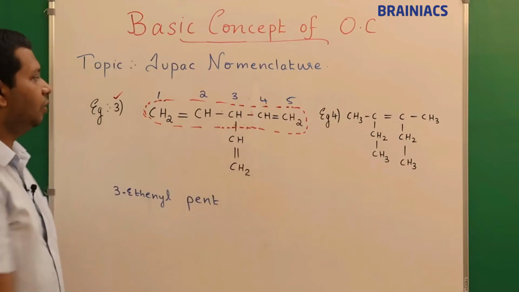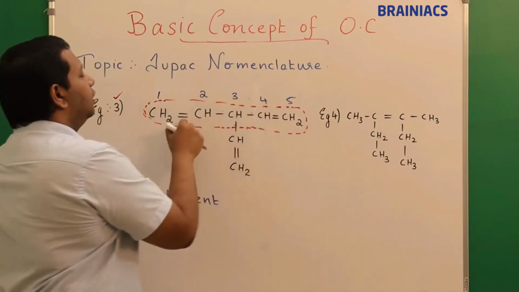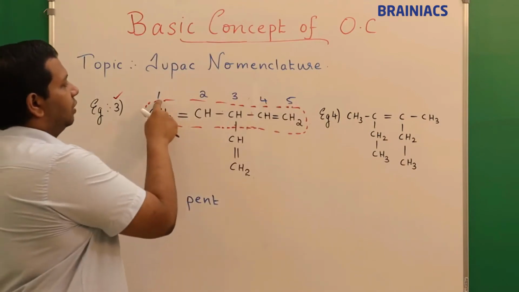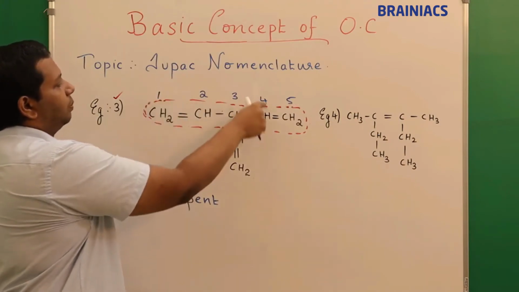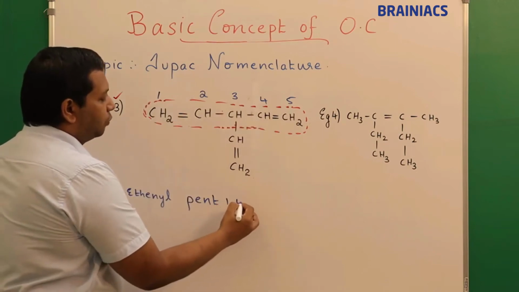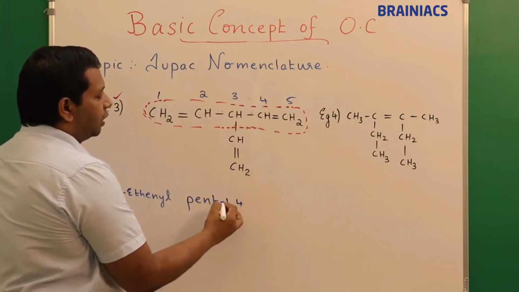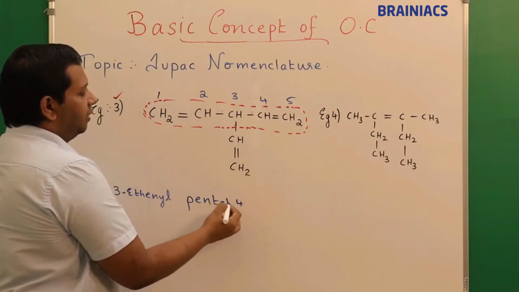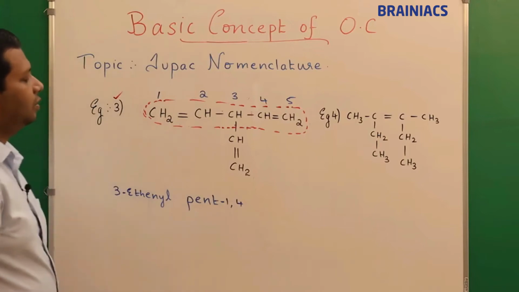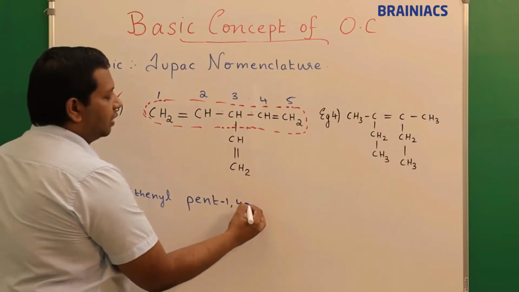Primary suffix, I know the parent carbon atom chain is linked through double bonds. So I should put that in what at all position double bond is there, at position 1 and position 4. So I can say pent 1, 4. Okay, you need to put hyphen after alphabets. Then locants should be separated by commas. Pent 1, 4. Then hyphen.